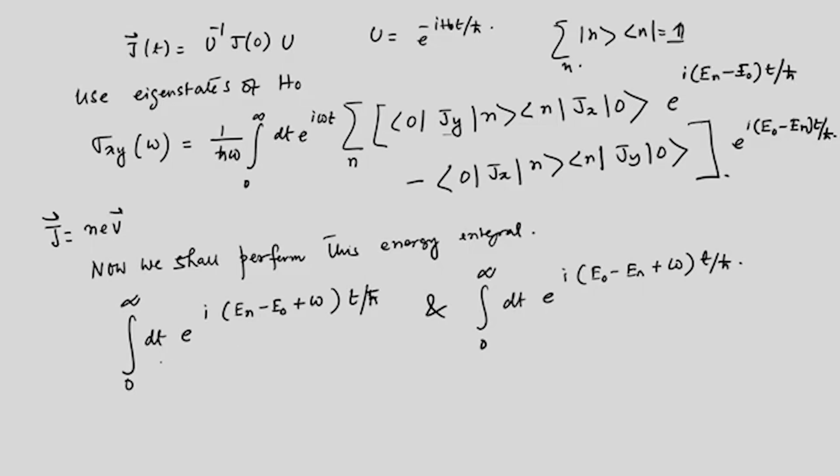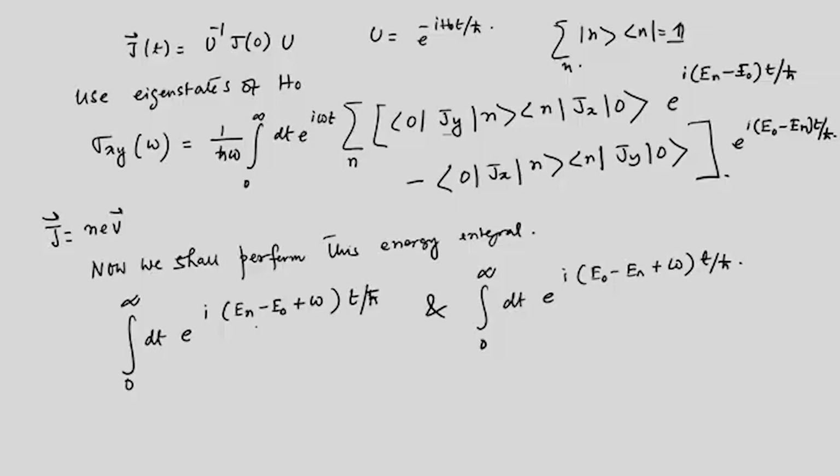Okay. So you have these integrals that you have to perform, and these integrals will diverge at infinity because these are exponential integrals. So the standard technique for calculating these integrals such that they don't diverge is by introducing a little bit of damping. Okay. So let's say that these are En minus E0; whenever you have these, if you just perform the bare integral, it will go to infinity.